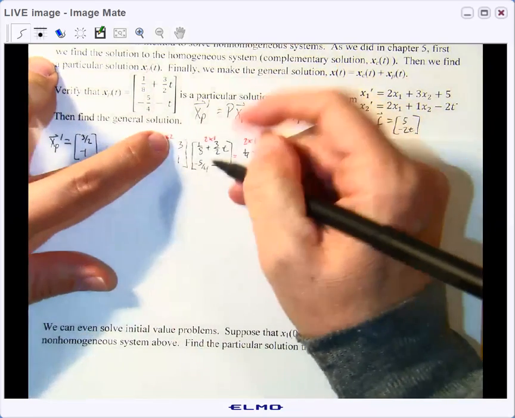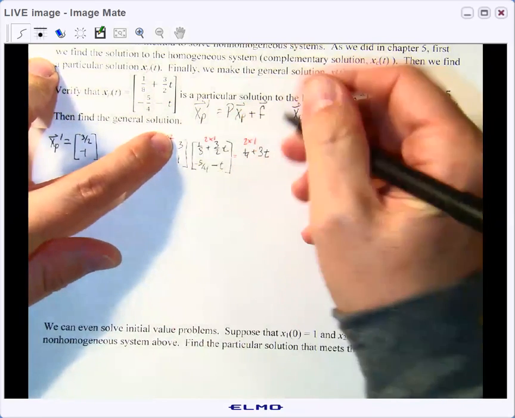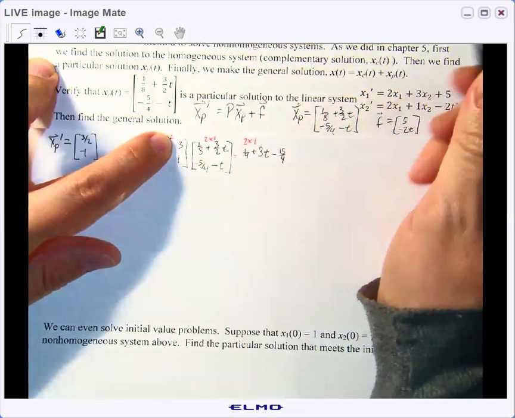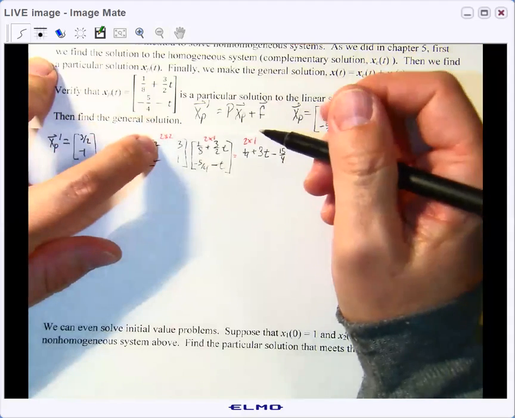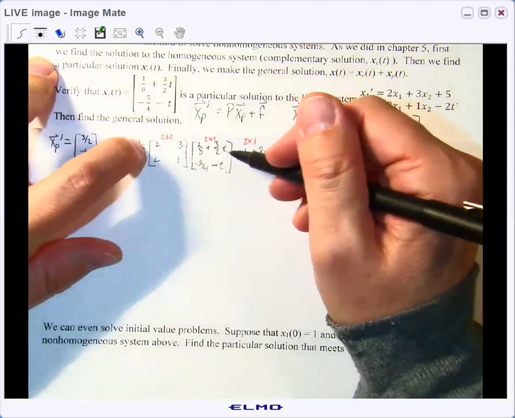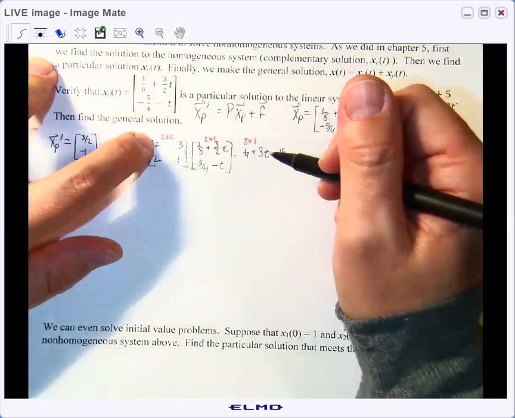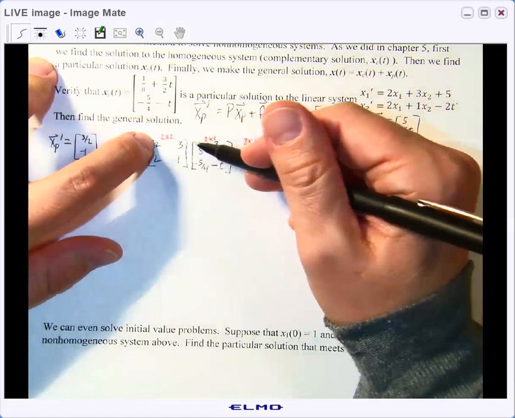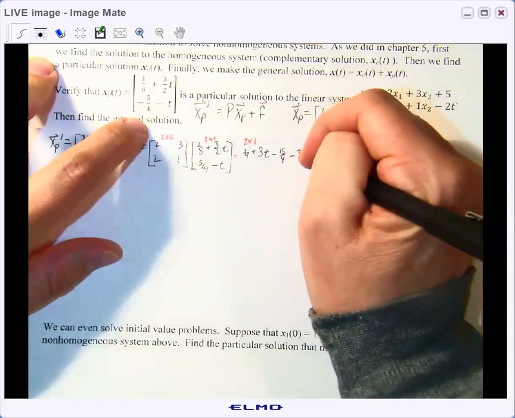And then let's do this one right here. 3 times -5/4 is -15/4, and then minus 3t.